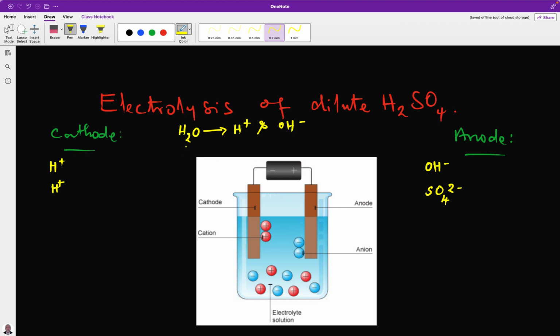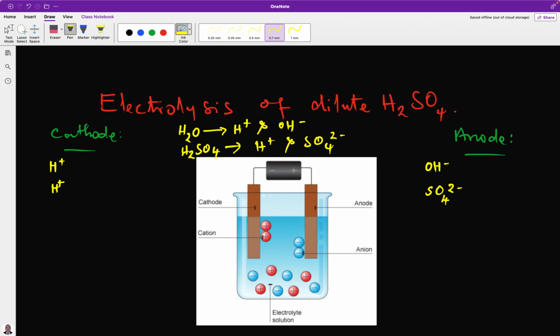Acid will release this and this. So the cations will go to the cathode and the anions will go to the anode. Now, what is happening now? Between these, hydrogen ion will take the priority. Here, which one will take the priority? It now takes us to what?